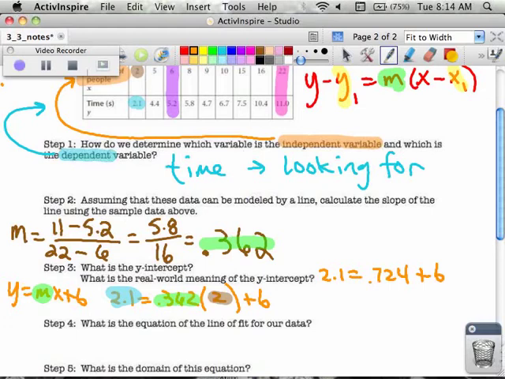Subtract off 0.724 from both sides, and you find out that your b value is 1 point something? 1.376. So I solved that equation for b.